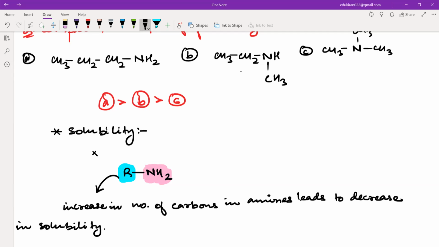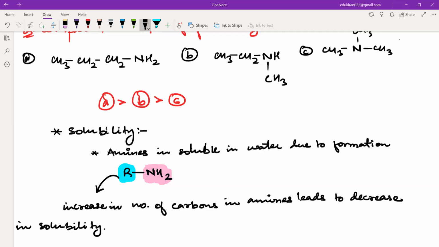And in general, I can write: amines are soluble in water due to formation of hydrogen bond with water.